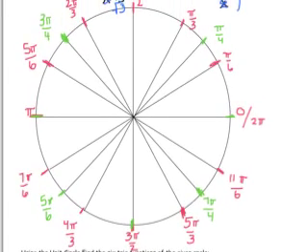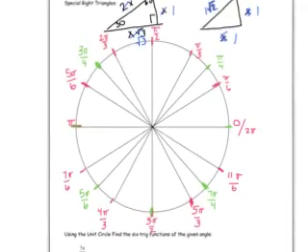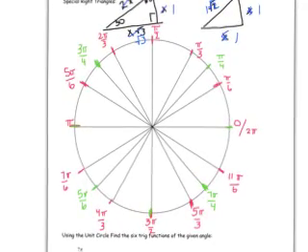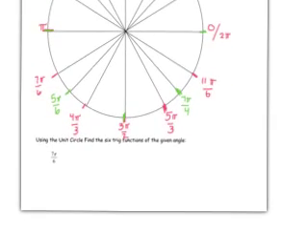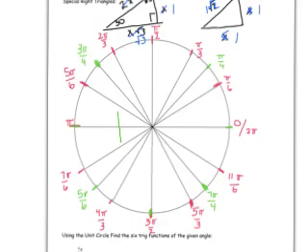So with the unit circle, you're using this circle and you're going to use your special right triangles at the same time. So let's do our first example. So 7 pi over 6. What we do is we say, okay, we're going to use the unit circle to find the 6 trig functions of the given angle. So 7 pi over 6, if you look at your unit circle, is right here.